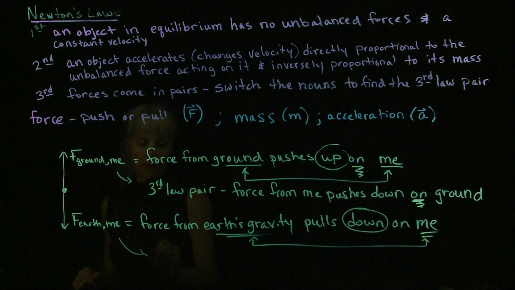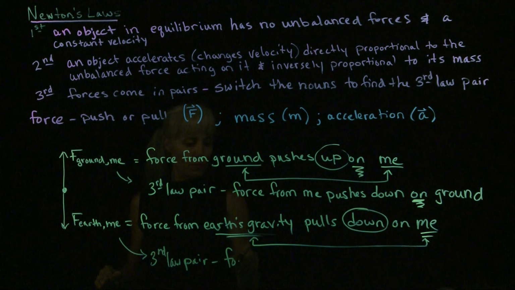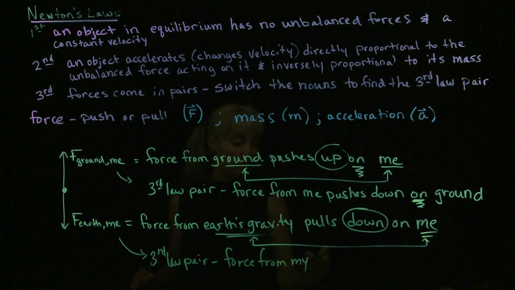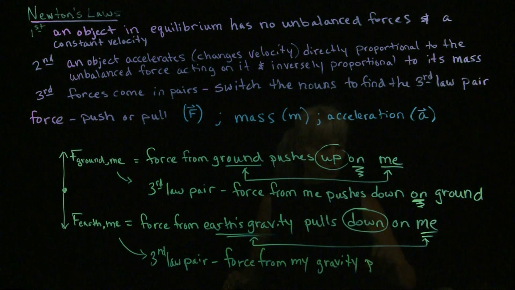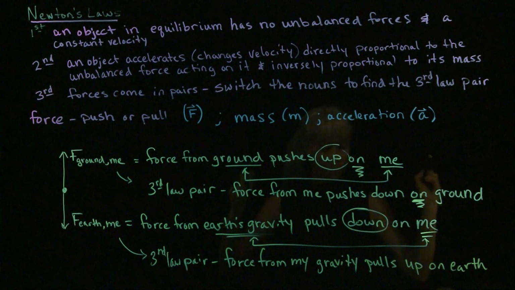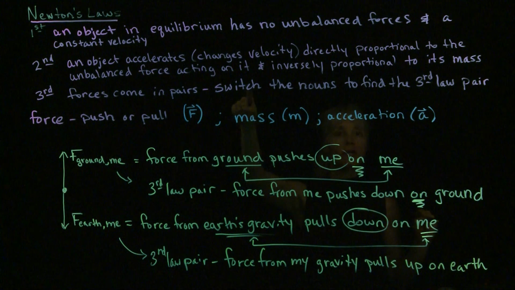So the Newton's third law pair is force from me, or force from my gravity, pulls up on Earth. Okay, so for every single force, you can identify a Newton's third law pair by just simply switching the nouns to find that third law pair.